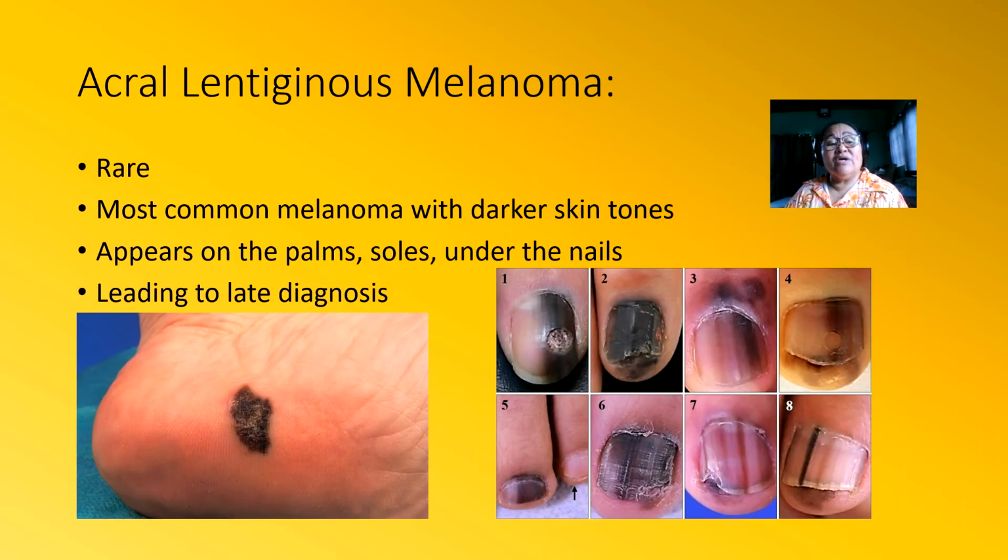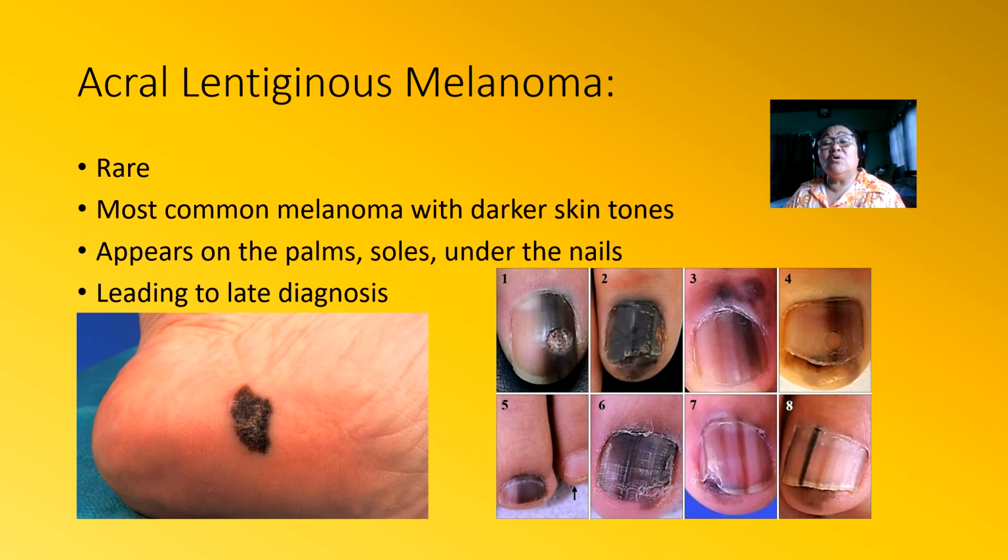So the last one is acral lentiginous melanoma. This is a rare type of melanoma, but the most common form in people with darker skin tones. It develops on the palms of the hands, the soles of the feet, or under the fingernails and toenails.